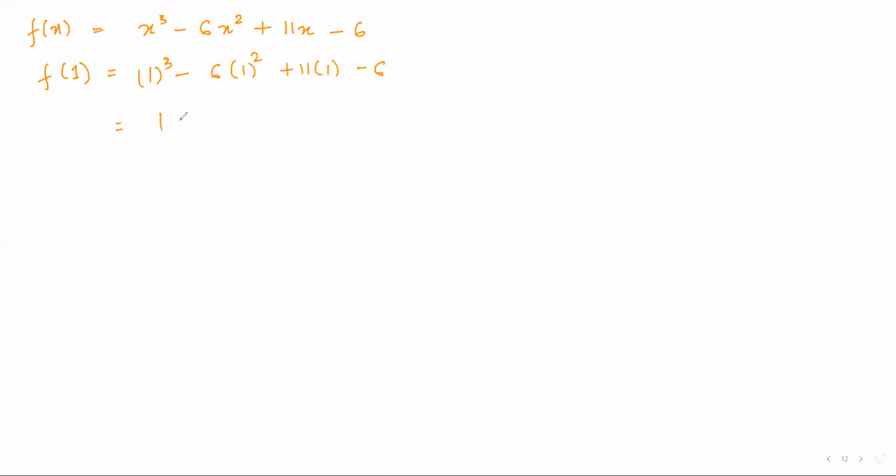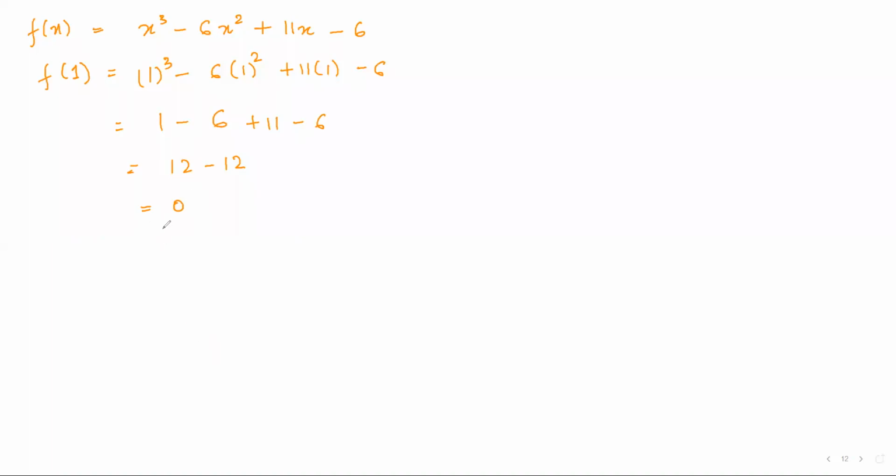So that becomes 1 minus 6 into 1 is 6, plus 11 minus 6. That becomes 12 minus 12, right? That becomes 0. Have I done it correct? All the calculation? 1 plus 11 is 12. Yeah, right. So I'm getting 0, right?